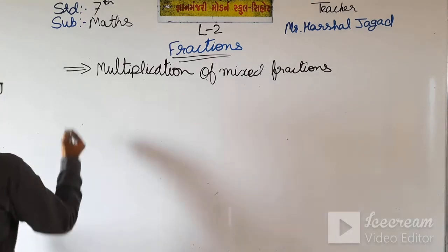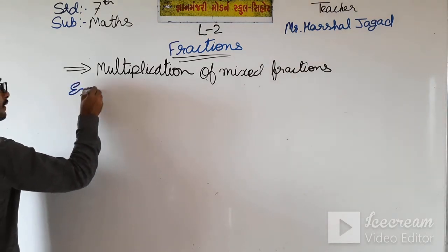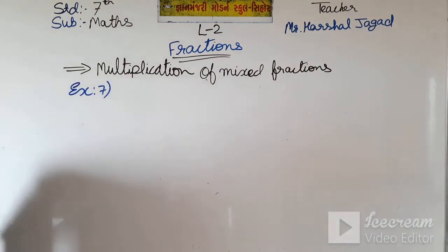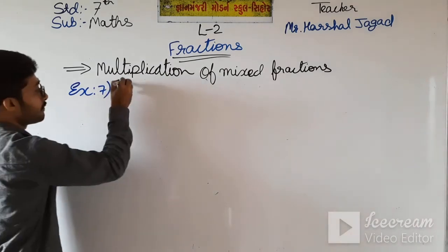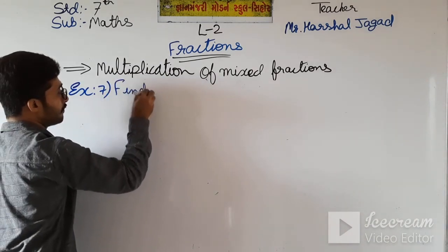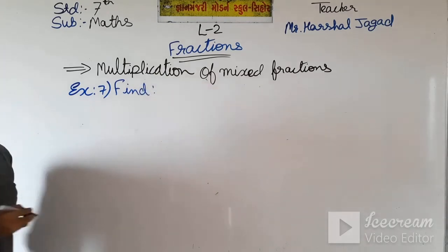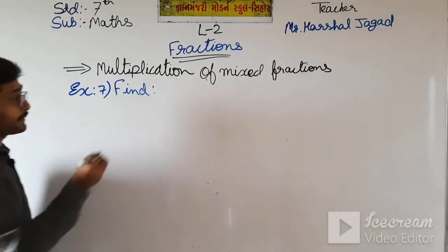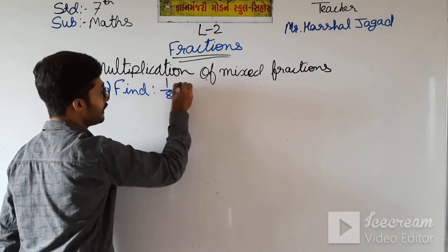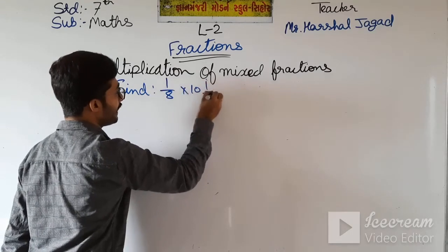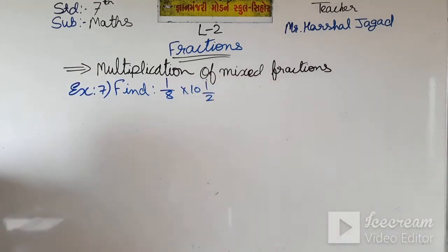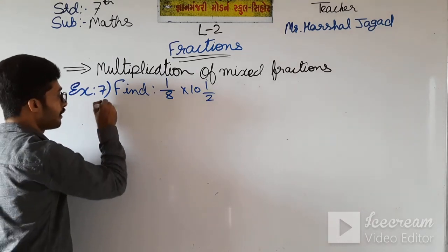Here the example number 7 is, find 1 by 8 into 10 1 by 2. Okay students, first of all we will solve this with method number 1, that is box multiplication method. Okay students, so how we will do method number 1?